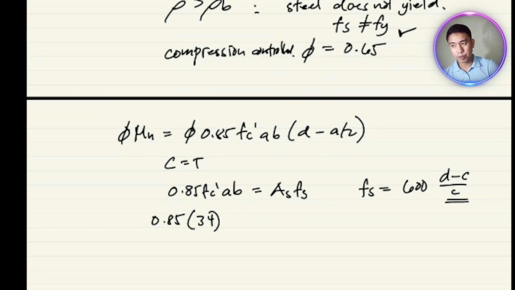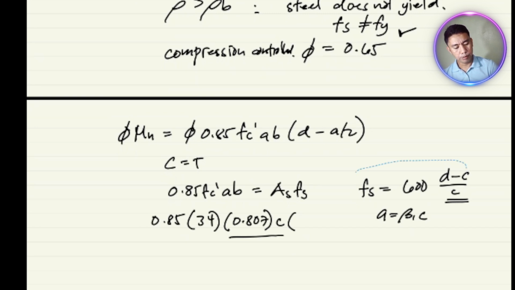So we know the formula a is equal to beta 1 c, right? So instead of writing a here, we can write beta 1 c. So our beta 1 here is 0.807 c times b. Take note, this one is beta 1 c, yung a, times b.